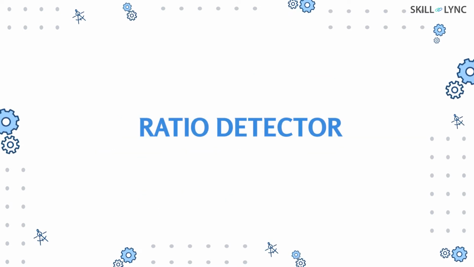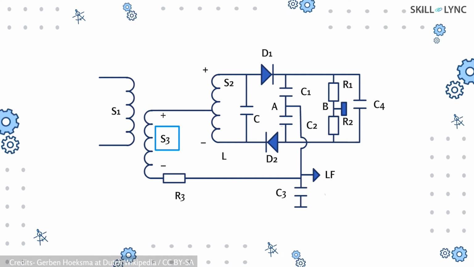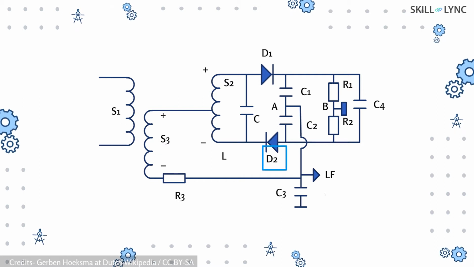Next, we have the ratio detector. This detector uses a double-tuned transformer to convert instantaneous frequency variation to amplitude variation. The transformer S3, as shown in the image, provides a voltage step down, avoiding the damping of the incoming signals. Diode D2 is connected in reverse direction with respect to D1.